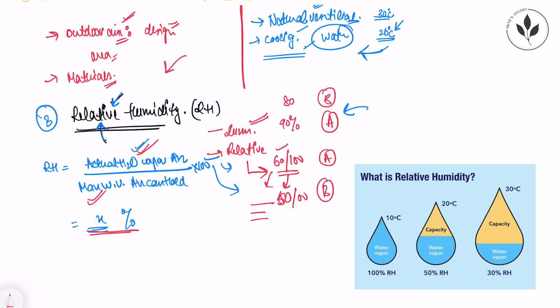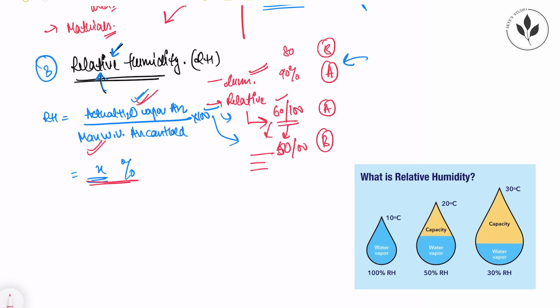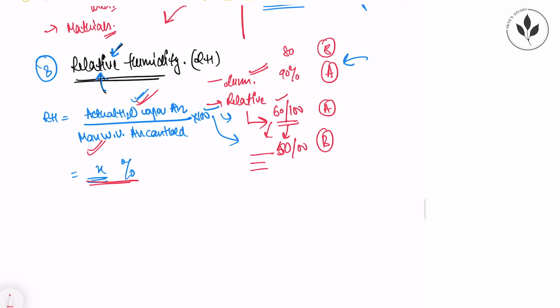Fine. So what is the architectural relevance of relative humidity? It can help in determining the dampness that we get in an area, and we can give solutions for it.